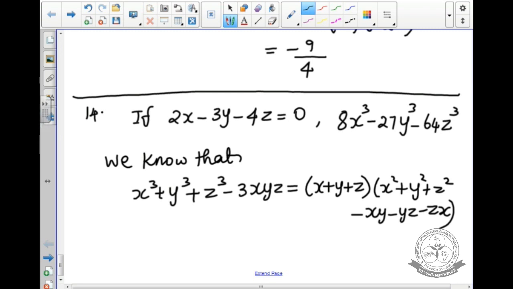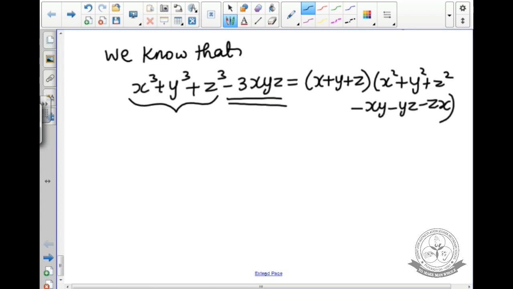Okay, so here we want to find x cube plus y cube plus z cube. So this minus 3xyz is not needed. You can take it to the right hand side, so it will be negative, meaning it converts into positive.